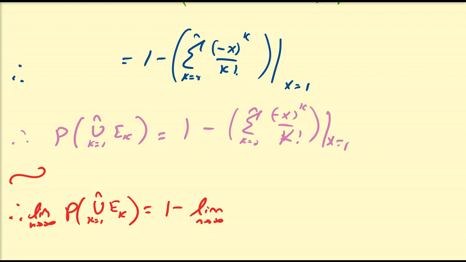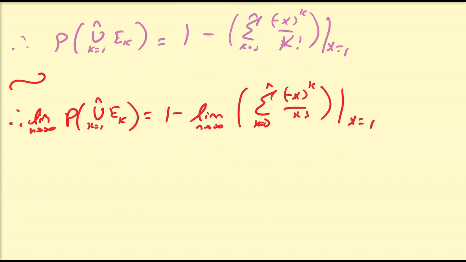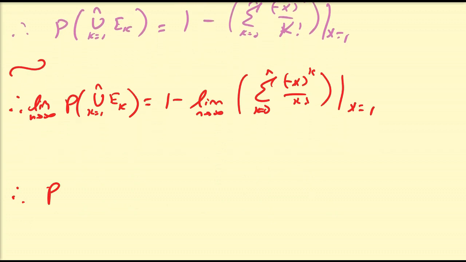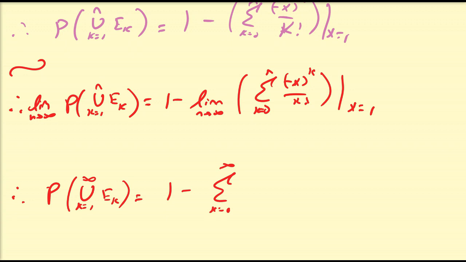The first term doesn't have n, so I can pass that over, of the sum from k equals 0 to n of negative x to the power of k over k factorial when x is equal to 1. So we have the probability of the union from k equals 1 to infinity of ek is going to be equal to 1 minus the sum from k equals 0 to infinity of negative x to the power of k over k factorial, evaluated at x equals 1.